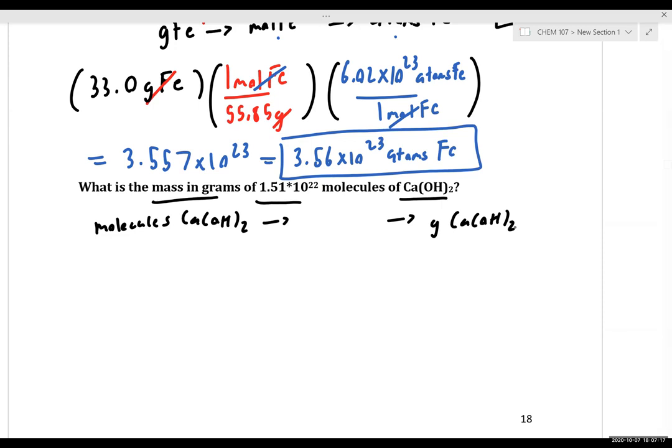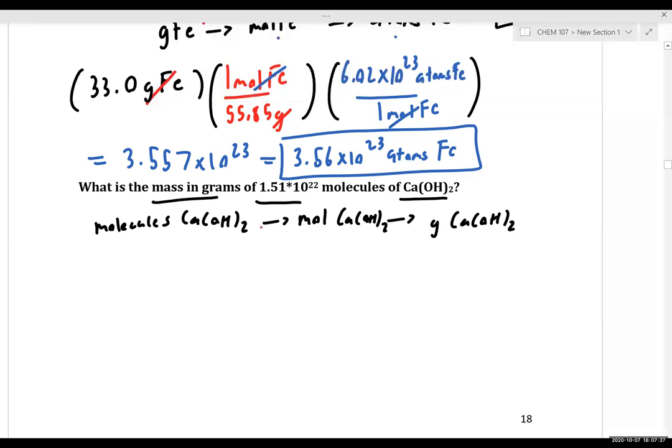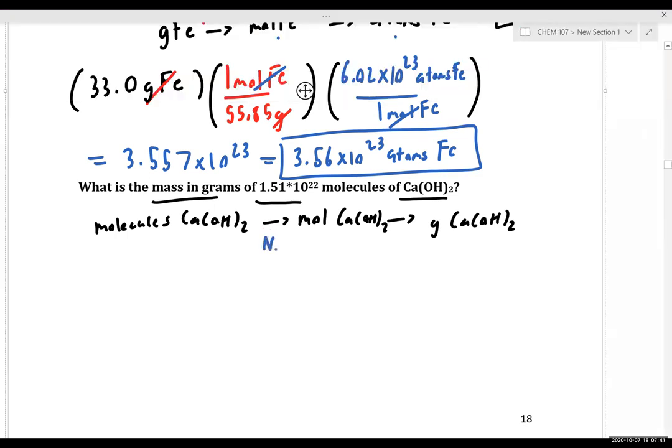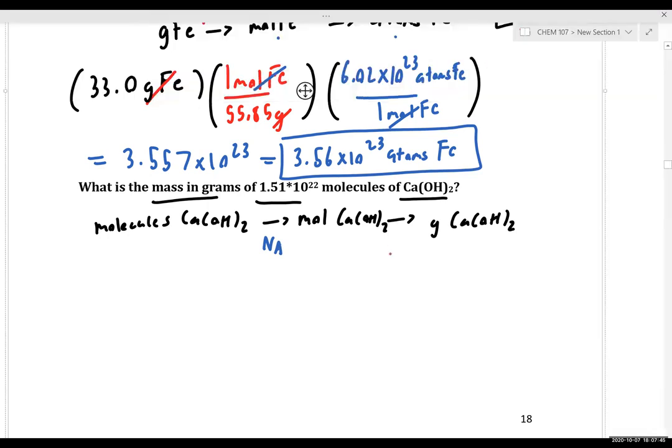What is our intermediate unit in this case? Moles per molecules. Yep. So we're trying to go through the intermediate unit of moles. Yep, exactly right. So just like before, in order to go from molecules to mole, we're going to use Avogadro's number. And to go from moles to grams, we're going to use our molar mass.